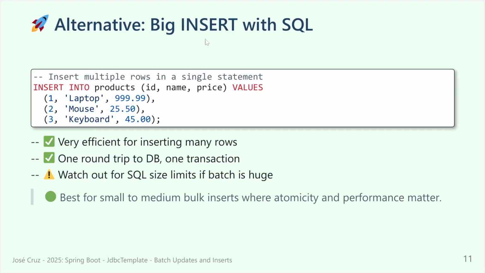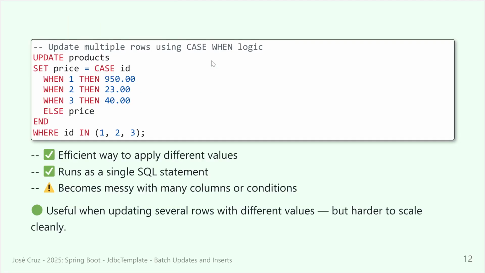So this approach of using a big insert doesn't apply quite well to a big update. You can do something like this, when ID 1, the value is this one, but you can see that if you have dozens of these, it will be very complex code to read. So it's possible. That's why I'm showing it, but maybe you don't want to go on this path.